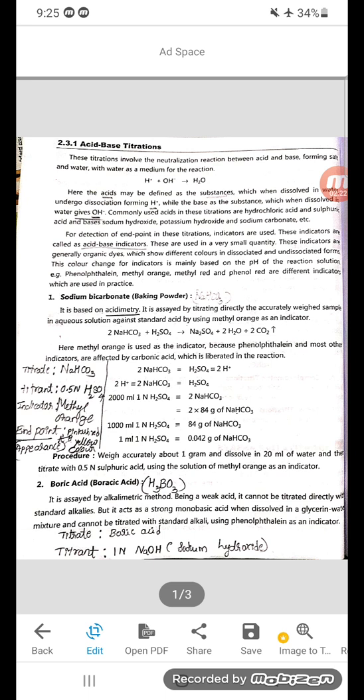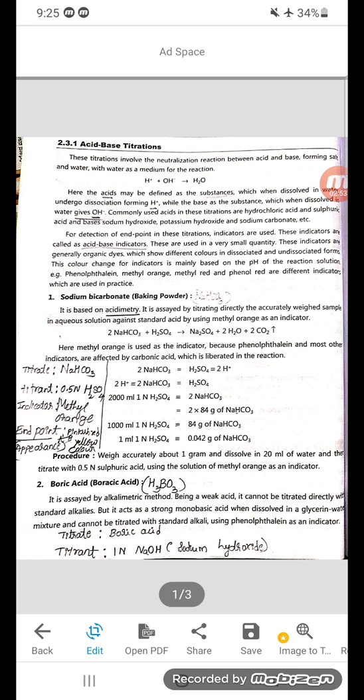These indicators are generally organic dyes which show different colors in the dissociated and undissociated forms. This color change of the indicators is mainly based on the pH of the reaction solution. Commonly used acid base indicators are phenolphthalein, methyl orange, methyl red, and phenol red, which are used in practice.